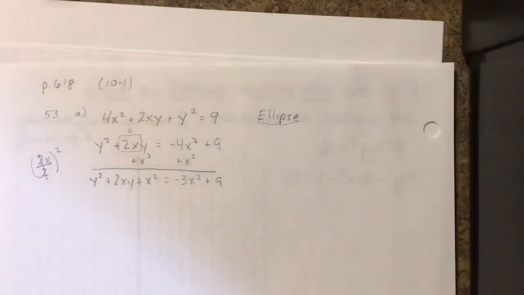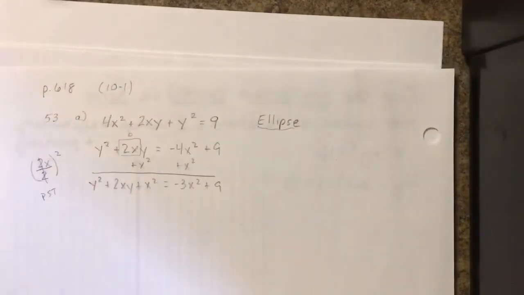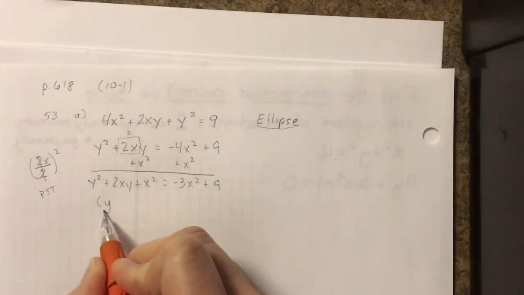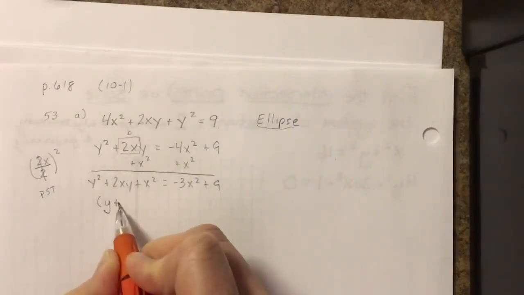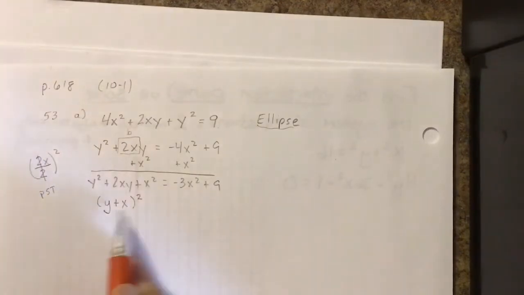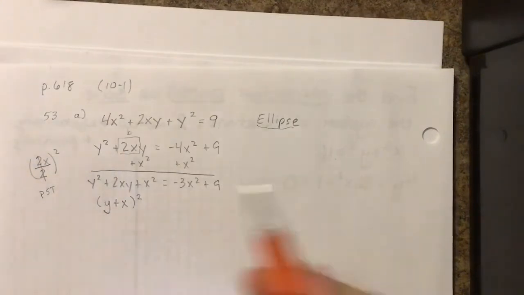All right, now what? This is called a perfect square trinomial. I'm going to write it as y plus x, the quantity squared. If you folded it out, if you took y plus x times y plus x, you get y squared plus 2xy plus x squared.